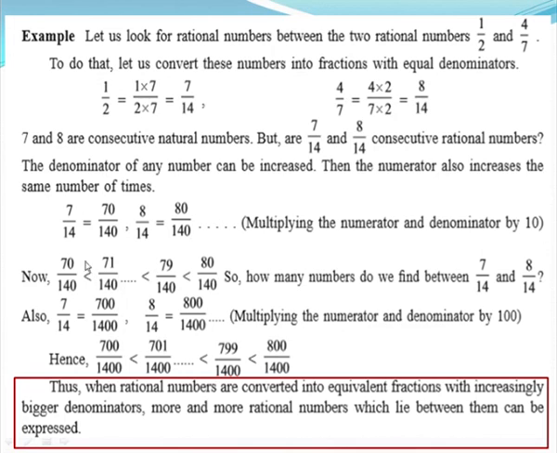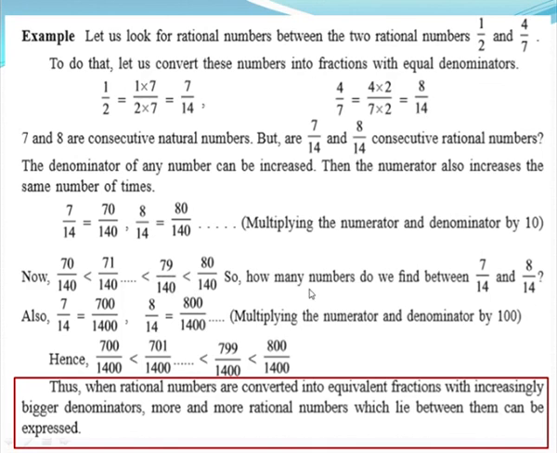Therefore, the rational numbers that come between 70 upon 140 and 80 upon 140 also lie between 1 upon 2 and 4 upon 7. Now, which rational numbers are you getting here? The rational numbers having numerator 71 up to 79. That is 71 upon 140, 72 upon 140, 73 upon 140 up to 79 upon 140.